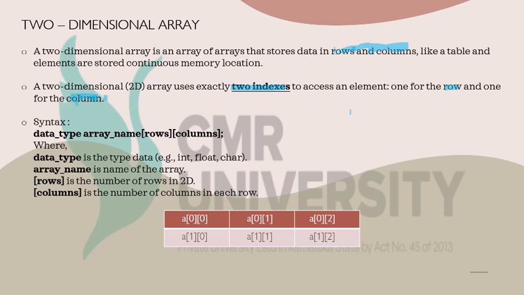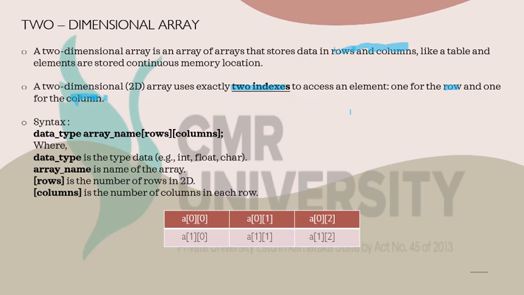Syntax: data_type array_name[rows][columns], where data_type is a data type, for example int, float, char. Array_name is the name of the array. Rows is the number of rows in the 2D array. Columns is the number of columns in each row, given as A00, A01, A02, A10, A11, A12.